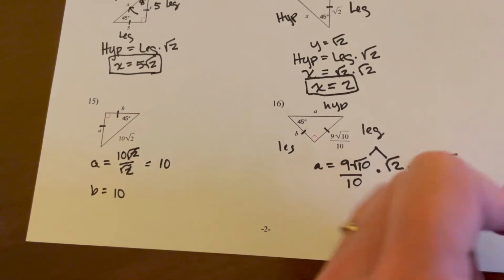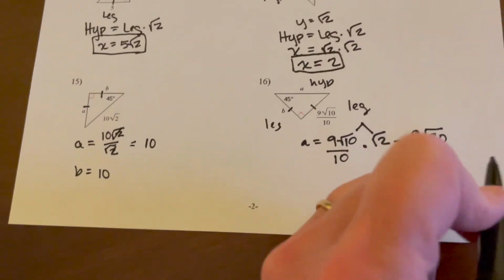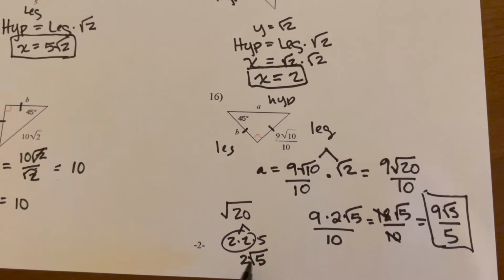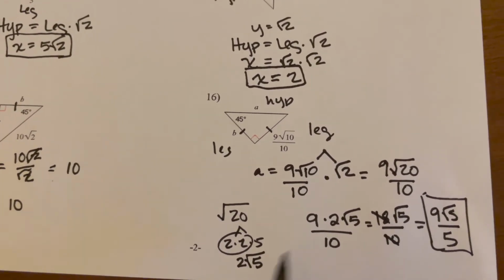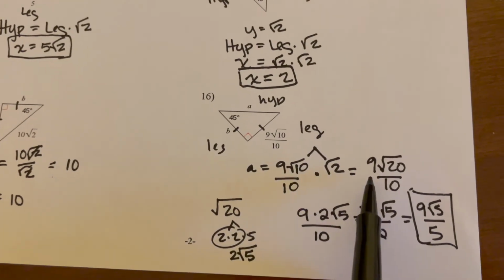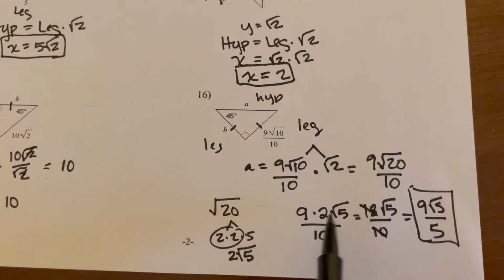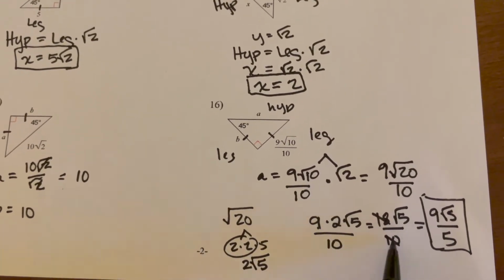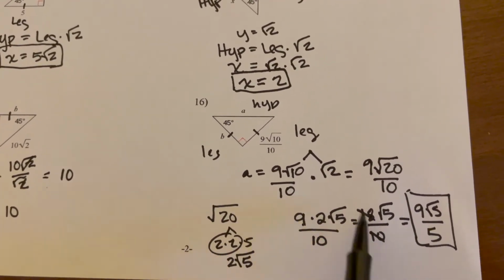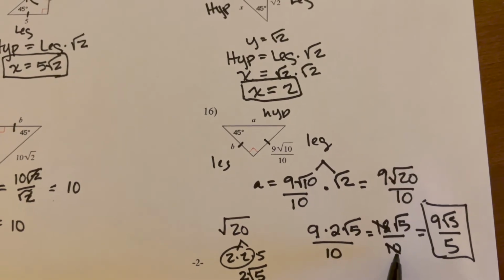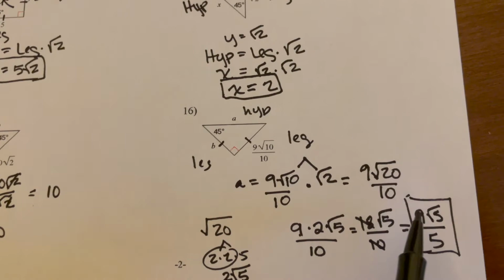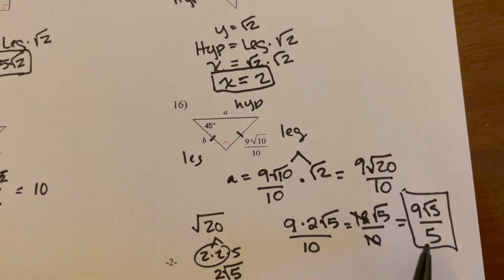So the square root of 20 ends up being 2 root 5. So when I take out 2 root 5, I need to multiply it by the 9 that was there. So 9 times 2 root 5, I get 18 root 5 all over 10. And then careful, because I need to simplify these numbers that are outside in front of the radical. So both are divisible by 10, so I get 9 root 5 over 5.